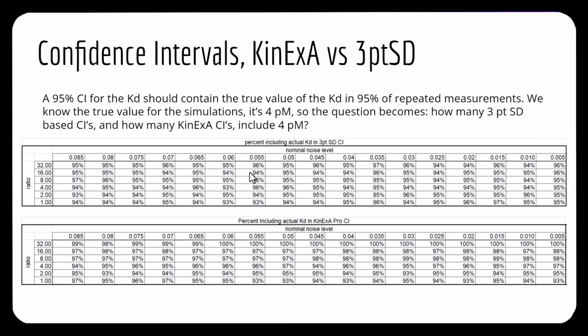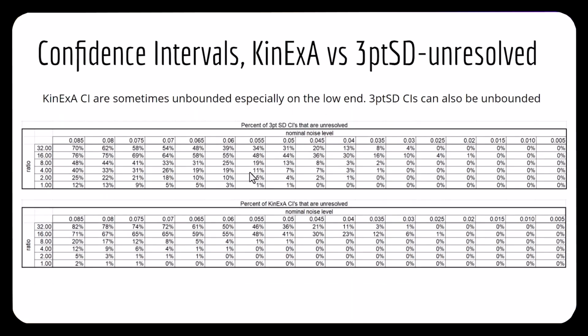So let's go one step further, though. On those high ratio curves, I think a majority of them should be not resolving. In fact, I wonder if any of them ought to resolve. A ratio of 32 is getting up there. Should we really be resolving a KD out of that? So I asked the question, how many are unresolved?